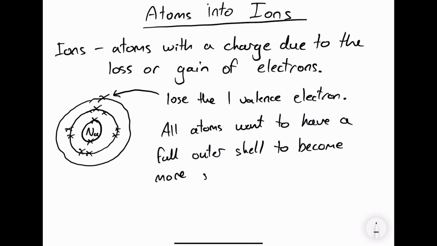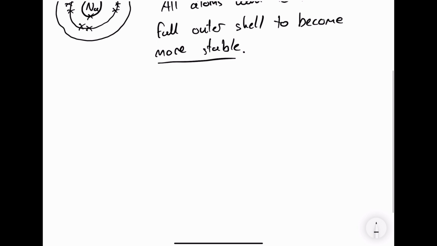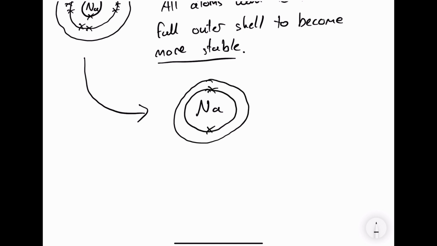So if sodium loses its outer electron, it will look something like this. It will only have 2 shells, and its second shell, which is now its outer shell, will be full.